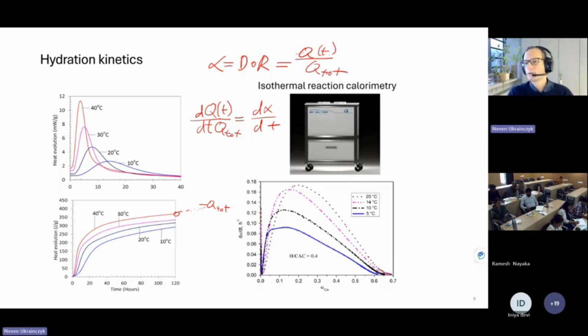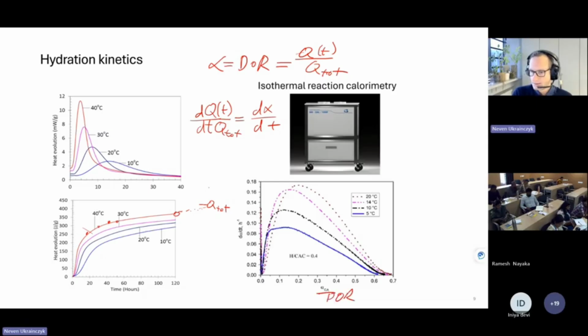So this is how you can calculate the heat in each of these points. In every point, if you divide this every point by the total Q, you will get the degree of reaction. This is just a simple way how you can calculate the degree of reaction. And then this is what you can plot here. This is the degree of reaction.